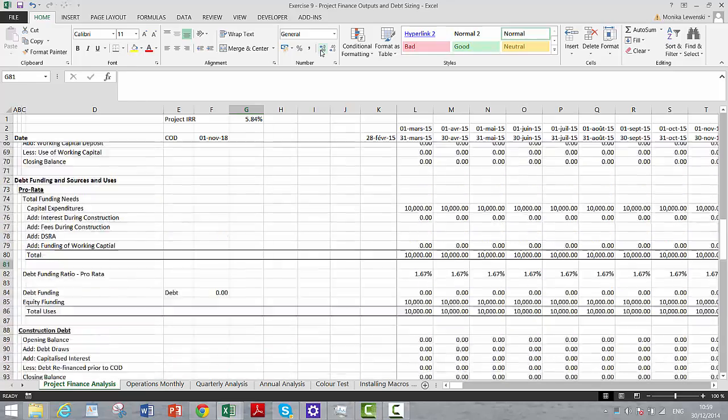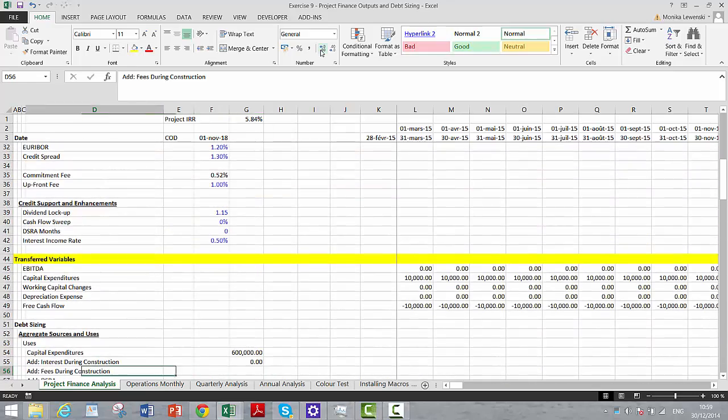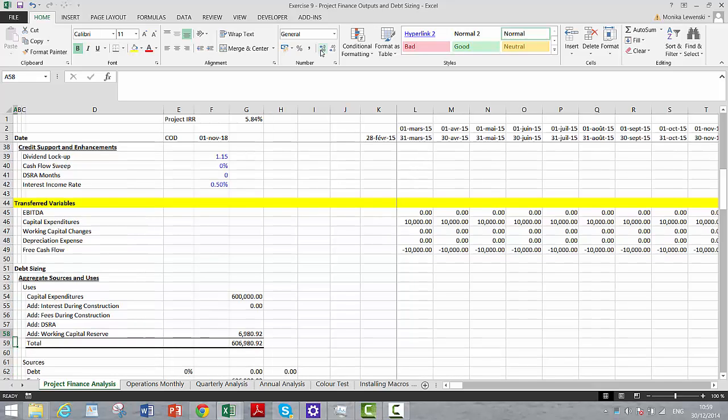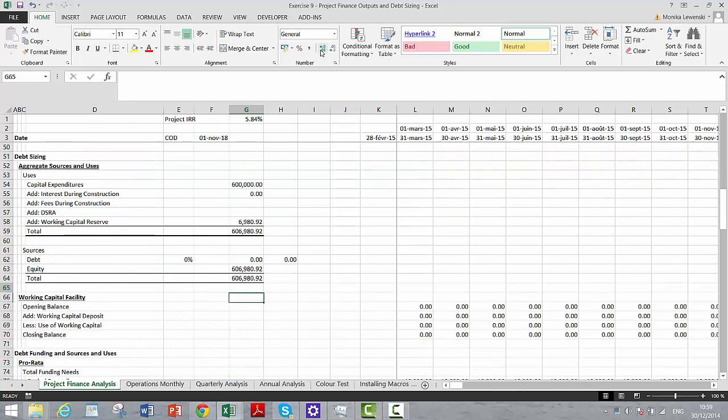Okay, now let me review the working capital adjustment for a little bit. Since we had a big upfront working capital in this analysis, we could put a little reserve account for the working capital as part of our costs. We need to pre-fund the working capital.